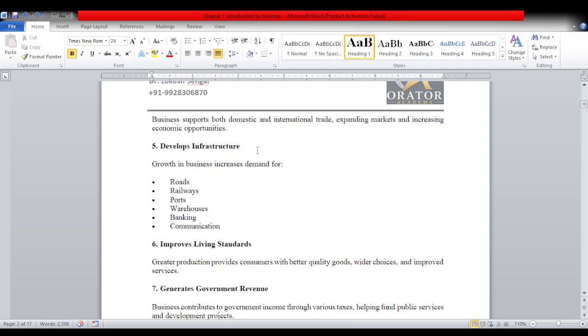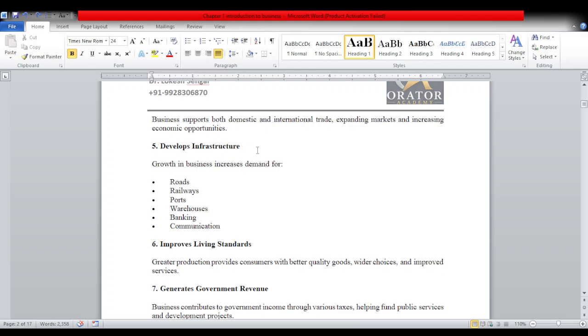Capital goods are related to infrastructure development, whether you are developing the roads, setting the railway tracks, railway, ports, warehouses, banking activities, communications. So these are the infrastructure bases that you usually require for business activities.